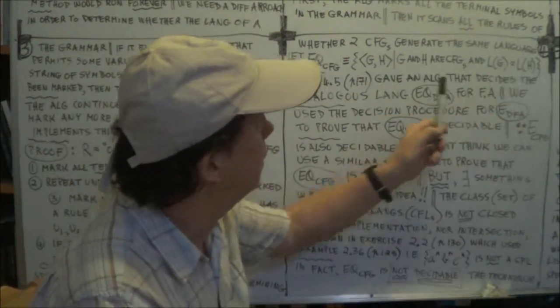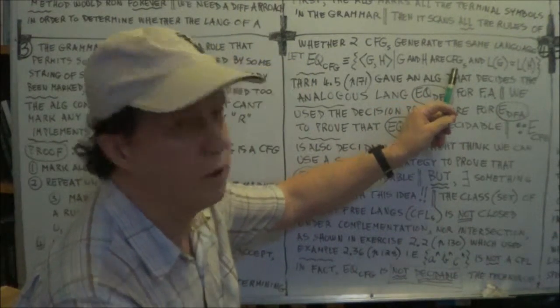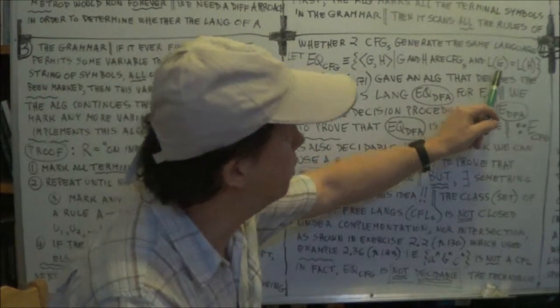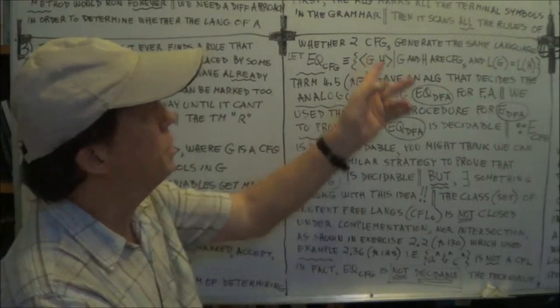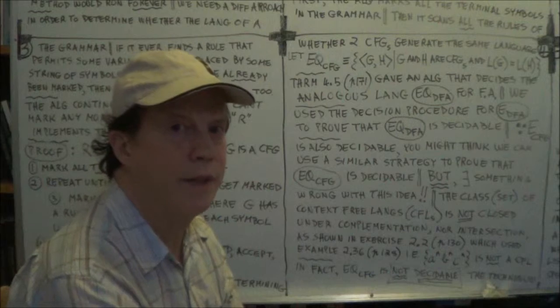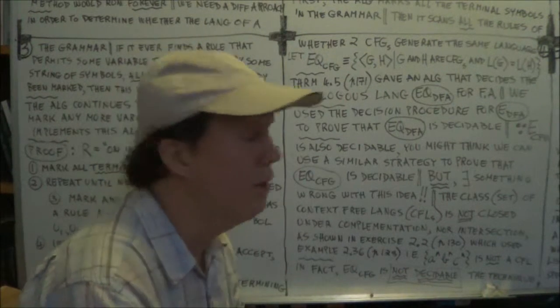The two conditions: G and H are context-free grammars, and the language of G is the same as the language of H. Now imagine this Turing machine can be found and constructed. It would be a proof by construction if it can be done.